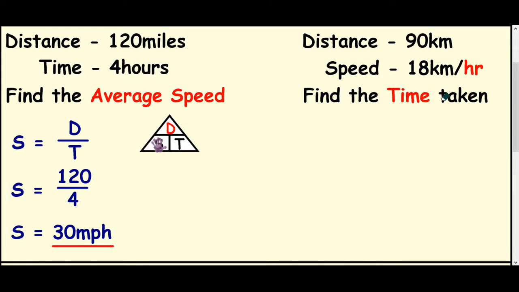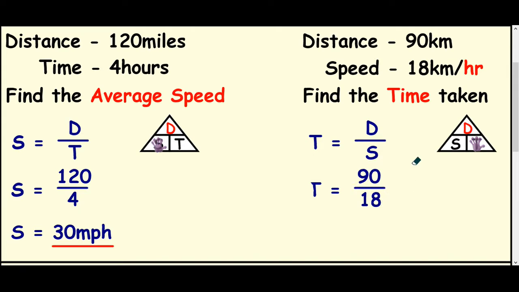Okay, find the time taken here. We've been given a distance of 90 kilometres and a speed of 18 kilometres per hour. Again, you could just use the first triangle you drew out, because that'd be fine for all these examples. Cover up T and you've got D over S, so distance over speed. I don't mind if you write it sideways, distance divided by speed. 90 in the top and 18 in the bottom.